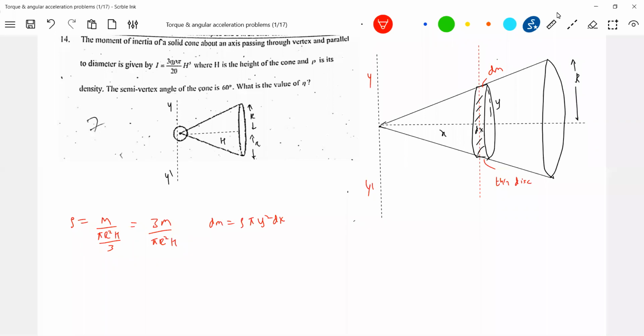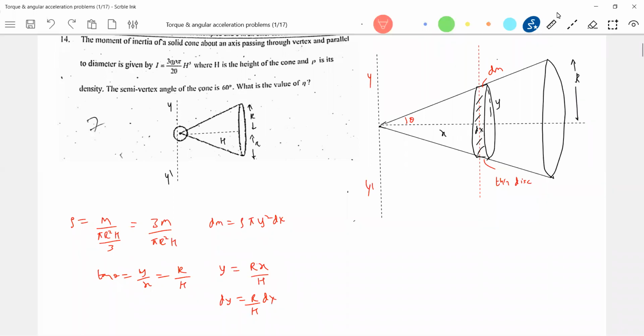Now what is the relation between y and x? You take help of tan theta. Tan theta will be y by x equal to r by h. So where all r is there, I'm going to replace here. Altogether y we know is r x by h. I'll differentiate this: dy equals r by h into dx. So in place of dx, I can replace this one.